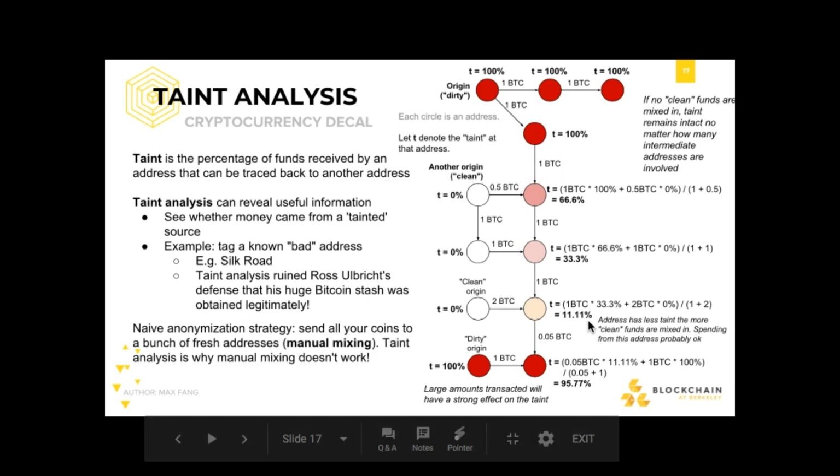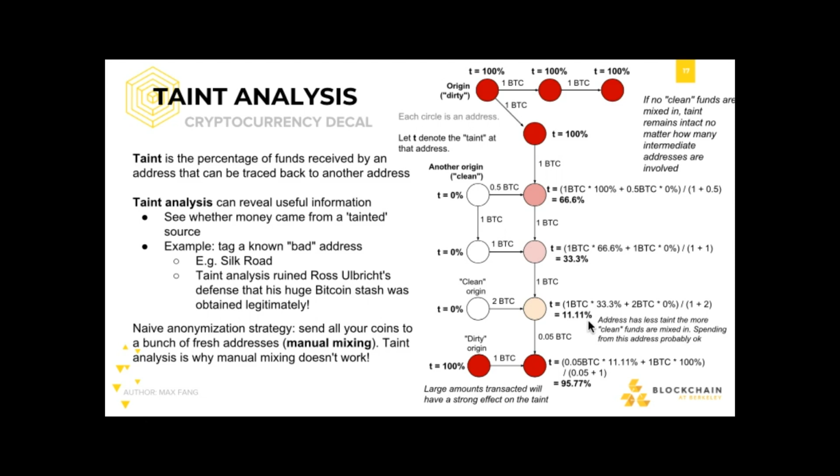And now, at 11%, probably Bob's Burgers will accept your funds. So if you untaint your coins right, it's great. But if you don't, you end up in a situation like Ross Ulbricht, and you get sent to prison, or your funds just don't get accepted by anyone else.